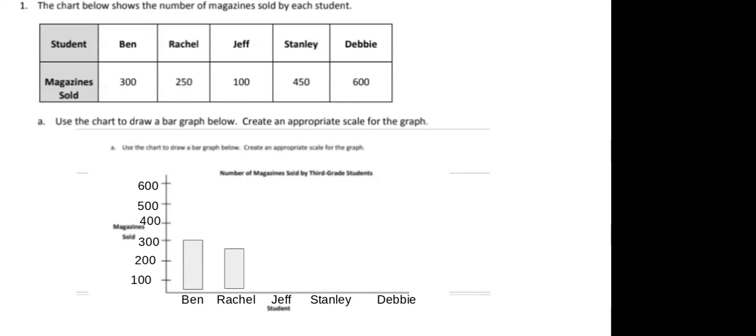Okay, Rachel at 250, Jeff at 100, Stanley at 450, and Debbie at 600. Your bars should be about the same width, and they should not be touching. To be correct, they cannot touch.